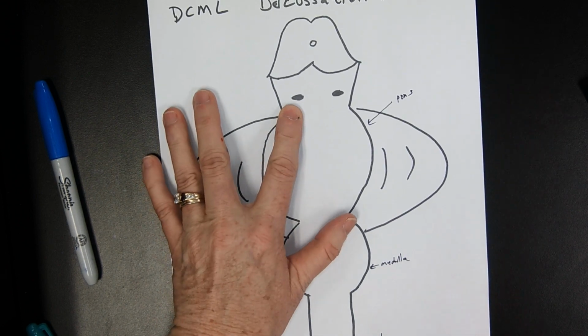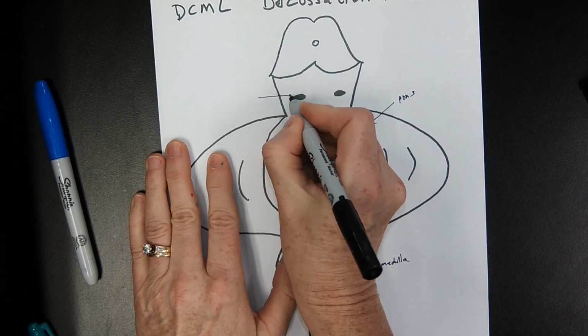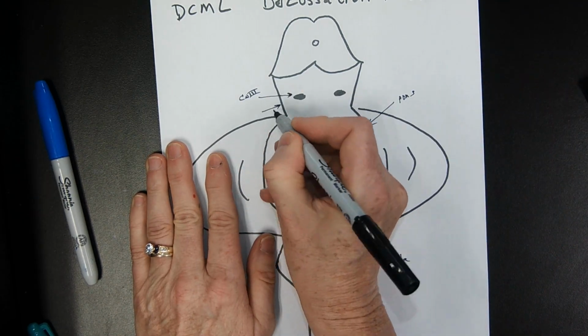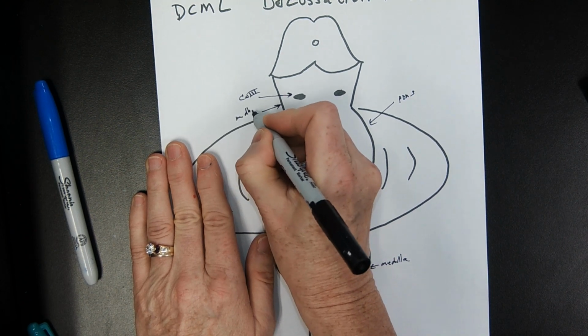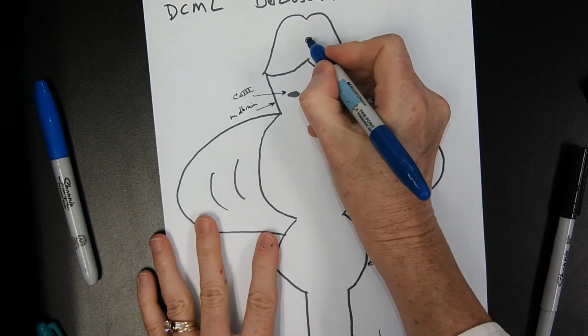Does anybody remember which cranial nerve this is in the midbrain? Yep, third cranial nerve. That's going to be oculomotor. So cranial nerve 3 in the midbrain. And then here's my nice landmark, I think. What's that portion of the ventricular system that travels through the midbrain?